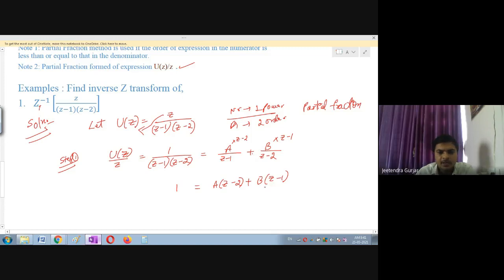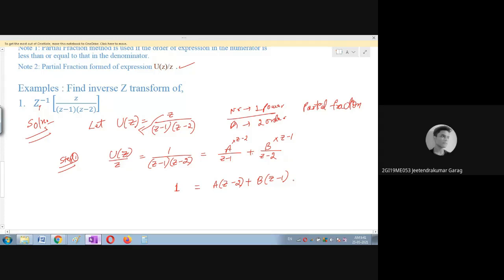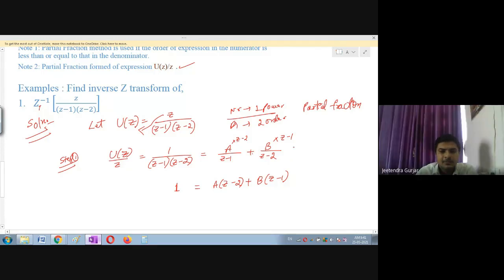Yes, Kaustubh, any doubt? Yes, Kanishka, any doubt here in this step? Yes, Jitendra Kumar, please reply. No, sir, no doubt. Okay, this is very simple.